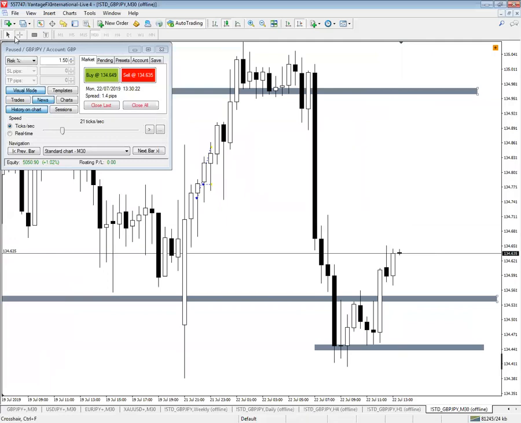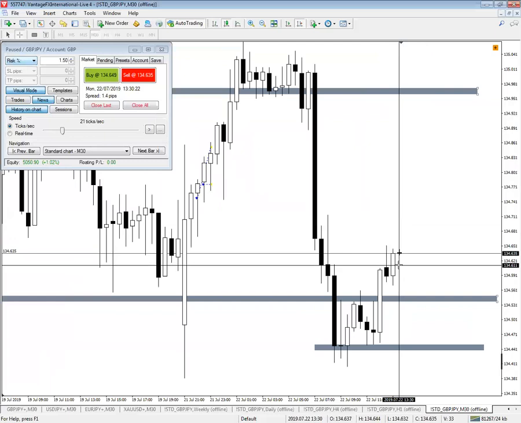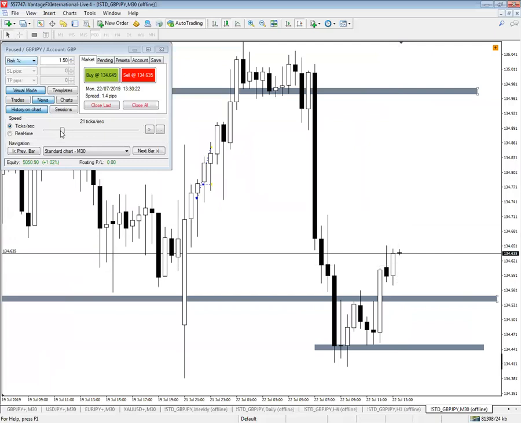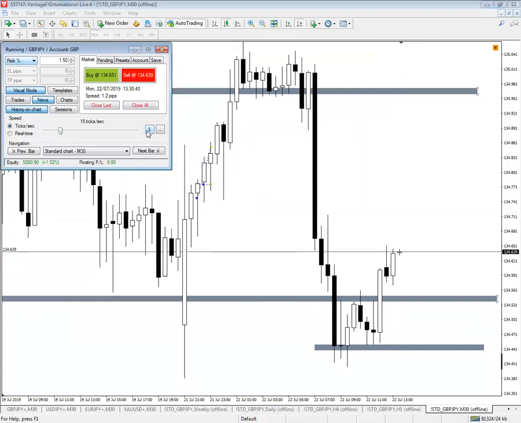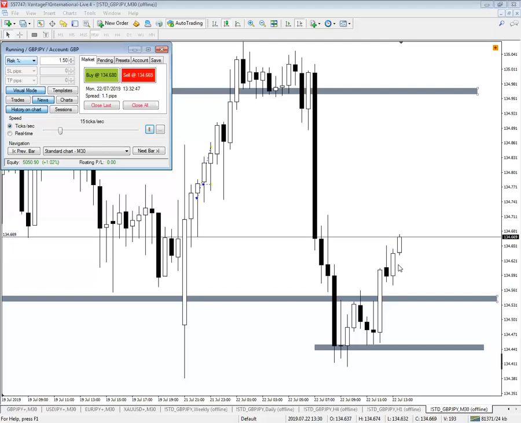So I think what we're going to do is try and get an entry around this area and get our stop below the previous bullish candle. That's what I'm going to try and do. But I want to see price make a bit more of a pullback.